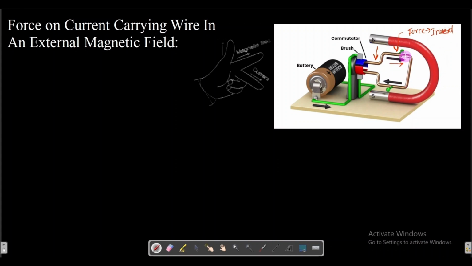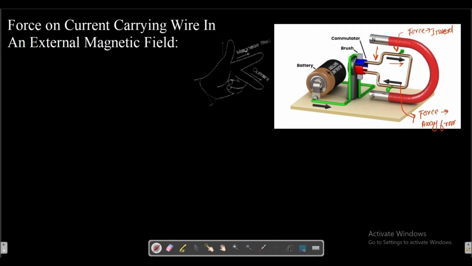And similarly, when the current is flowing in this direction, put your middle finger in this direction of the conductor, and put your forefinger in the direction of the external field, and your thumb will be pointing away from the screen here. So the force on this side will be away from the screen.